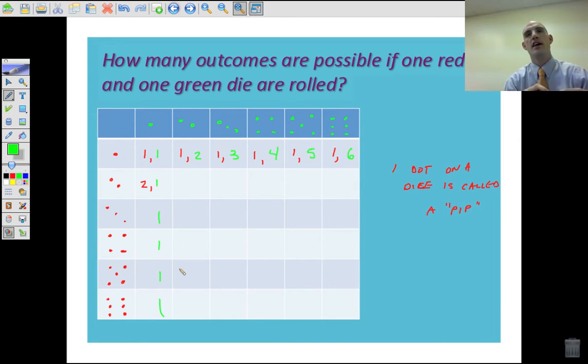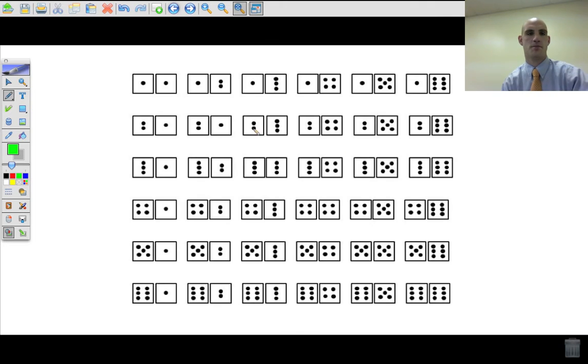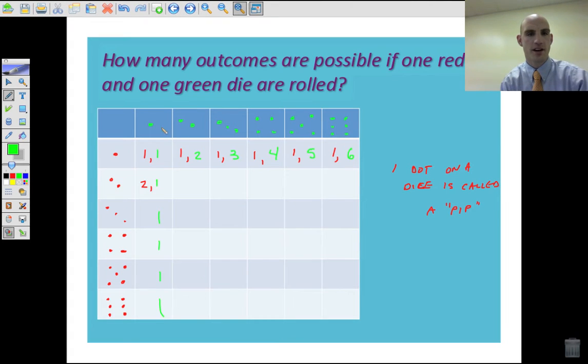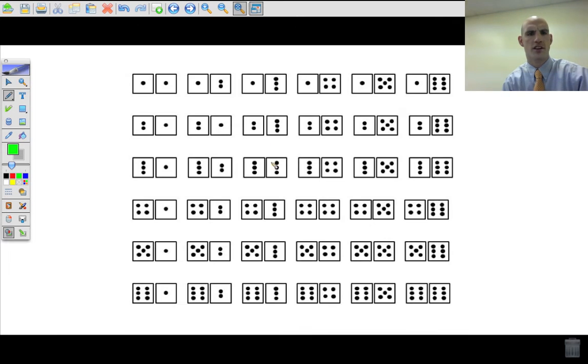Okay? If we take this chart to its logical end, I'm going to fast forward to the next part of this chart. We have a systematic list of all the possibilities. Well, look here, guys. If we have 6 possible ways to roll on the green, and we have 6 possible ways to roll on the red, we're going to have a chart here that looks something like this. Okay?